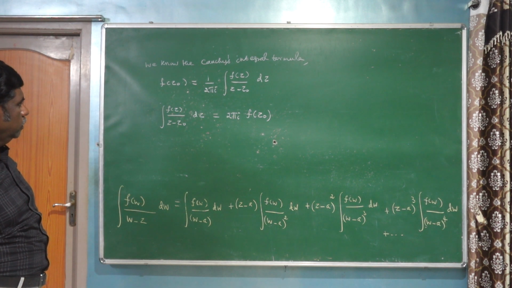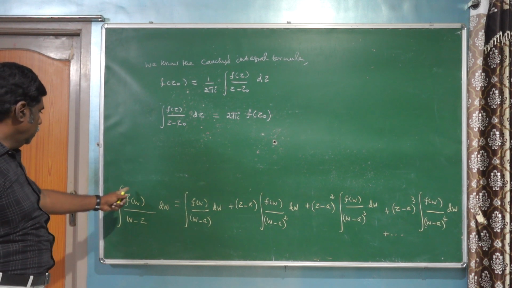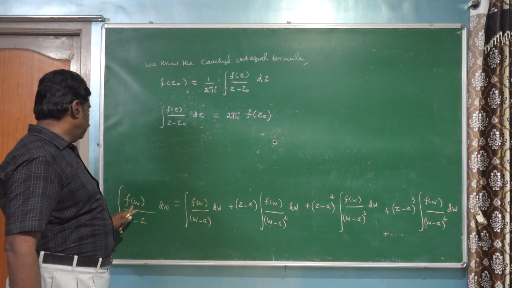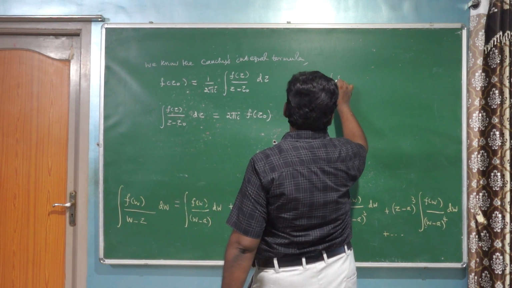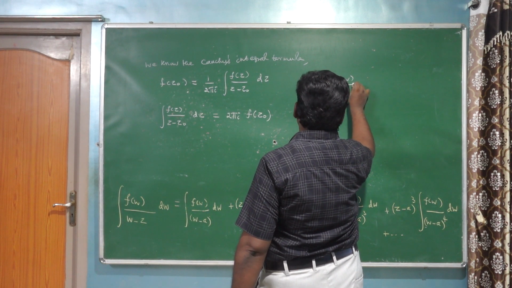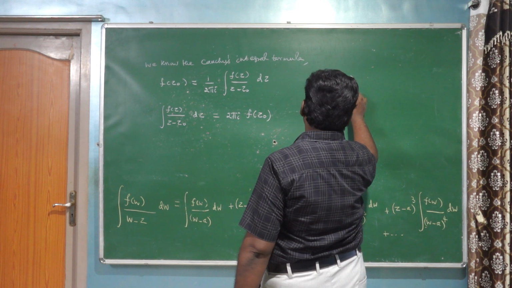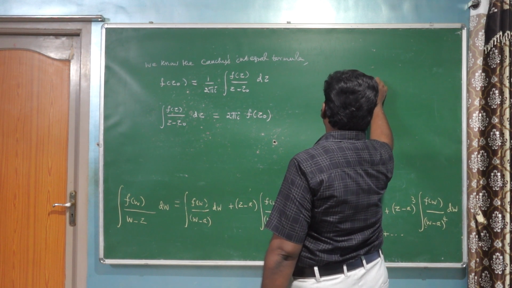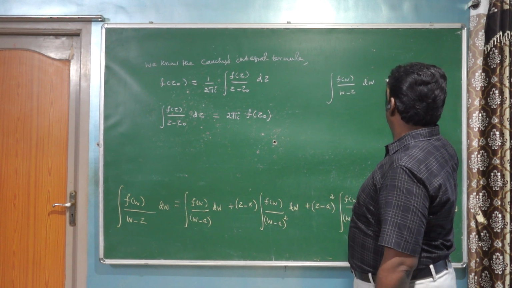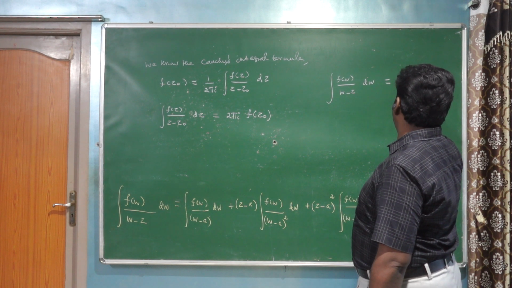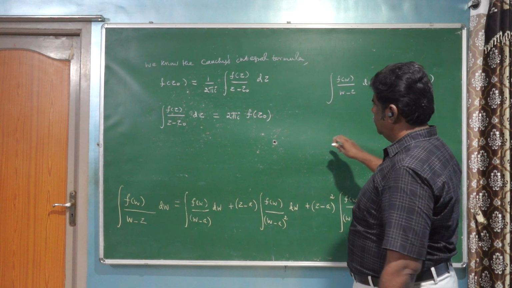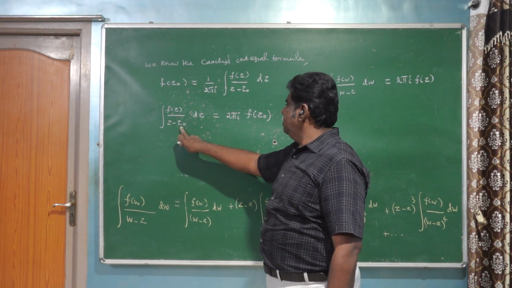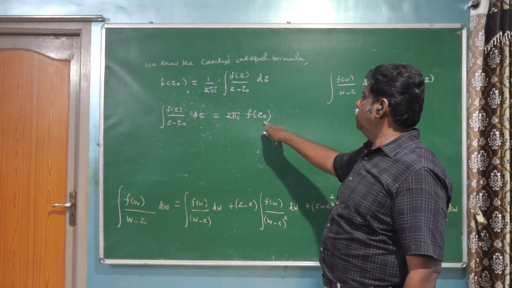In this same aspect, you may write the value of integral f of W divided by W minus Z into dW, which is equal to 2 pi i into f of z. See here the subtracting term is z0, so we have written f of z0.